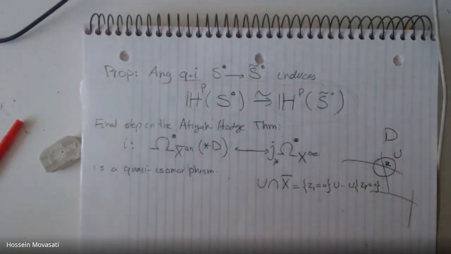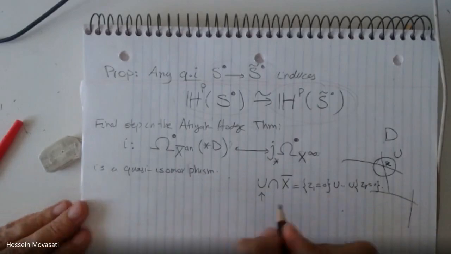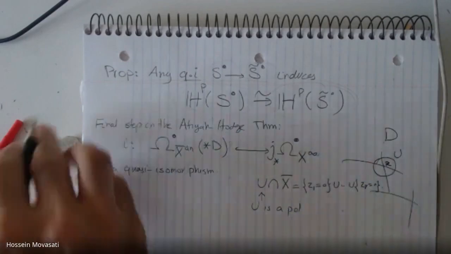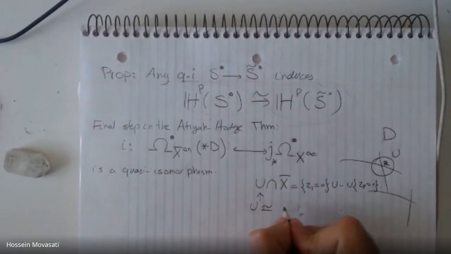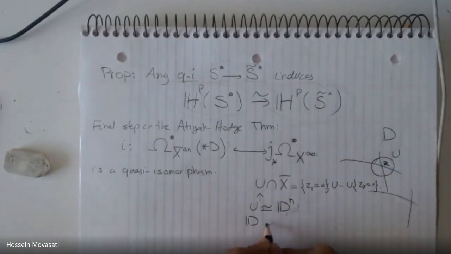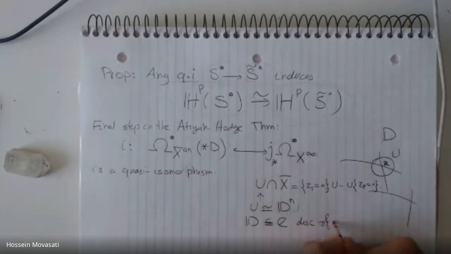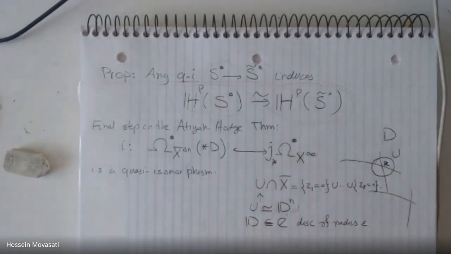And so what I have to show, and then what this means, I can assume that U is isomorphic to, let's say, a polydisk D^n. Let me say that this disk is the usual disk of a radius, let's say epsilon, whatever.